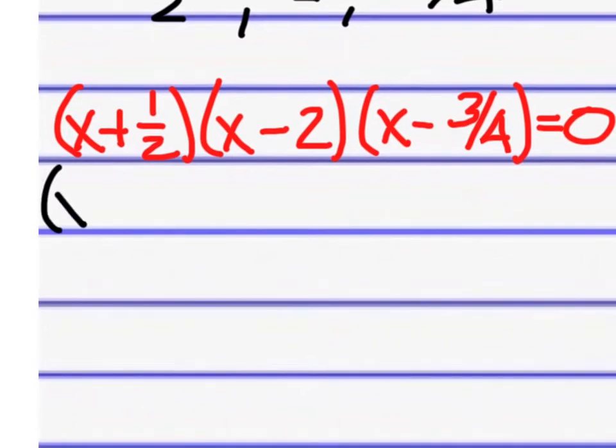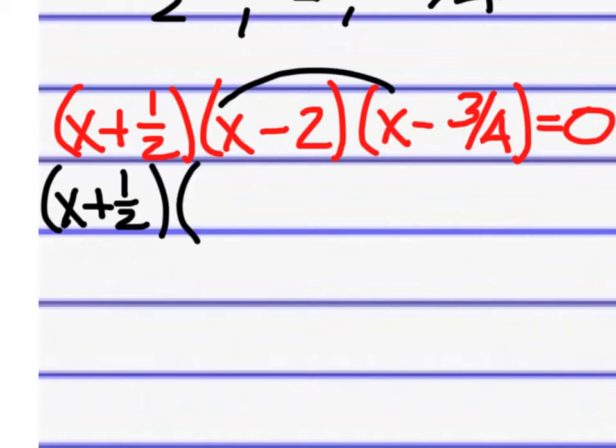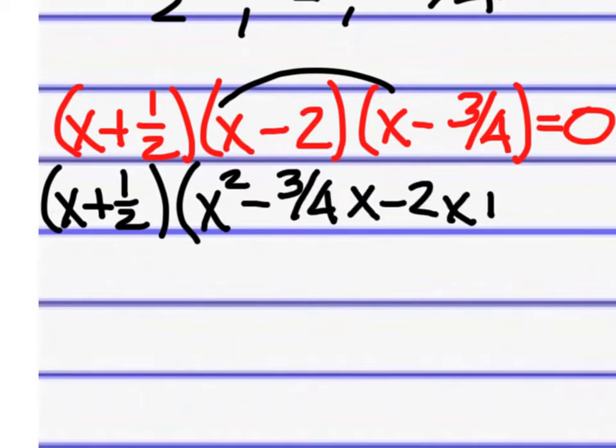We will keep the x plus 1/2 and then multiply here to get x squared minus 3/4 x minus 2x plus 3 over 2.